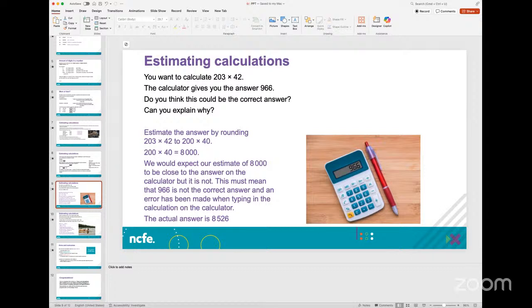Estimation is less precise, approximation is more precise because it is based on the actual event.